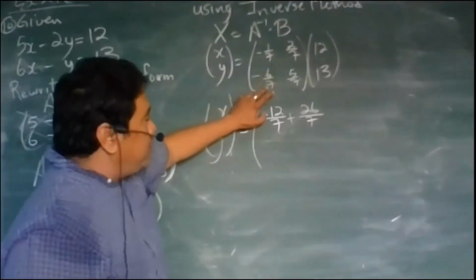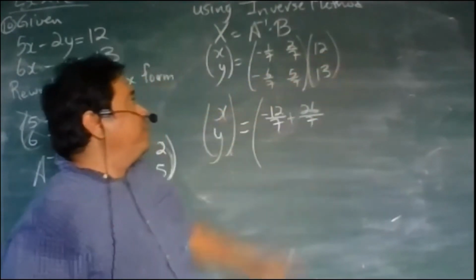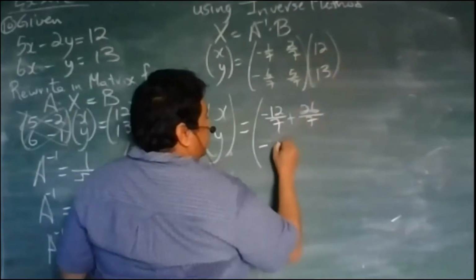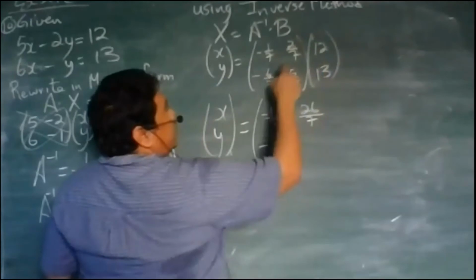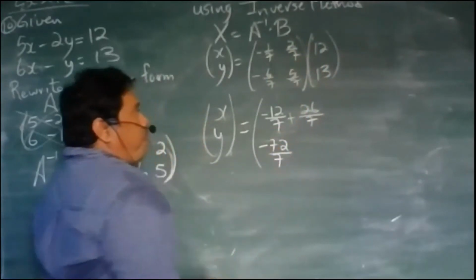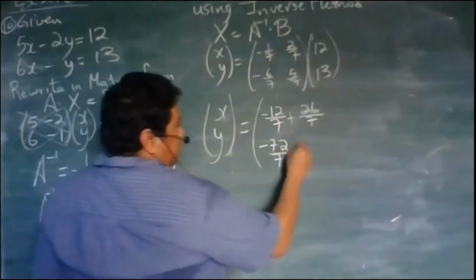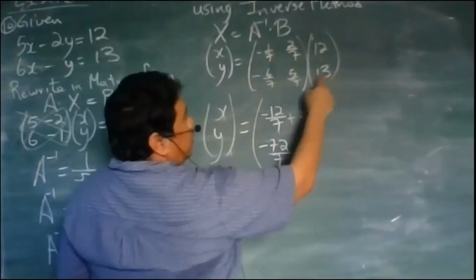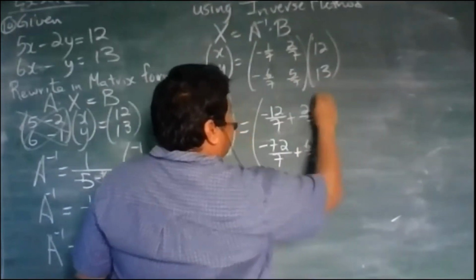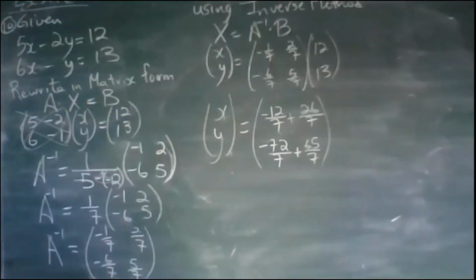Negative 6/7 times 12 is going to be negative. 6 times 2 is 12. 6 times 1 is 6 and 1 is 7 over 7. Plus 5/7 times 13. 5 times 13, I believe, is 65 over 7.